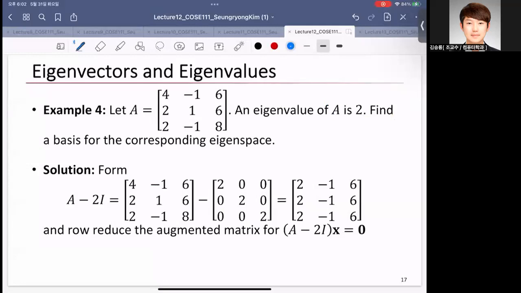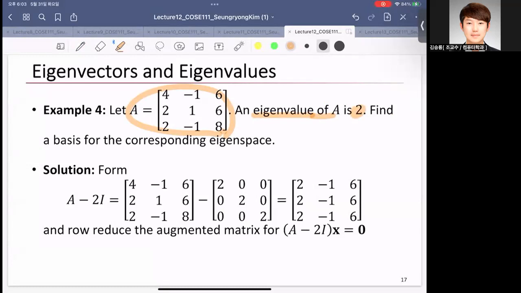Okay. So let me consider a larger 3x3 matrix case. Let's suppose that your matrix A consists of rows (4, 2, 2), (-1, 1, -2), (6, 6, 7). And let's suppose that an eigenvalue of matrix A is 2.